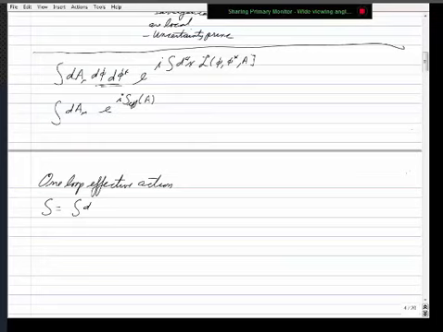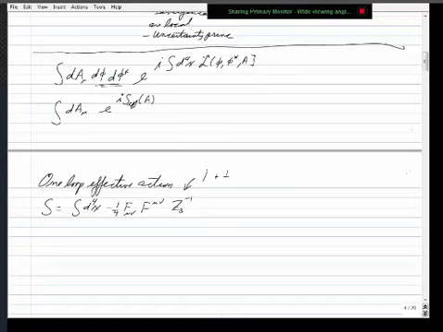So A is still the active field, and I've got e to the i S effective, which is now just a functional of A alone. So phi has been integrated out. So this is the process of integrating out phi.